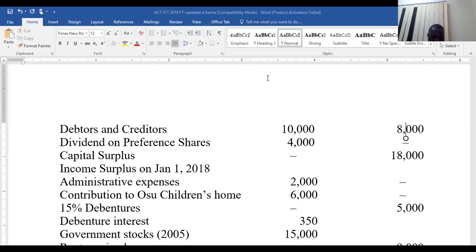Then you have preference share. The outstanding, we agreed it was 6,000. So ordinary share, 28,000. Preference share, 6,000. So your total proposed dividend is going to be 34,000.